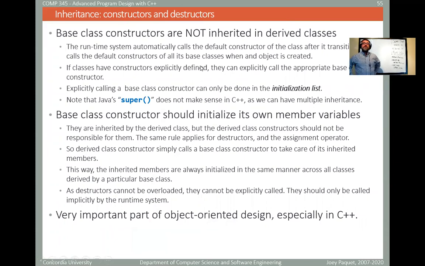This brings us to the main topic here, which is constructors and destructors. The base class constructors are not inherited in a derived class. The constructors are called automatically by the runtime system, as we saw in the previous video.